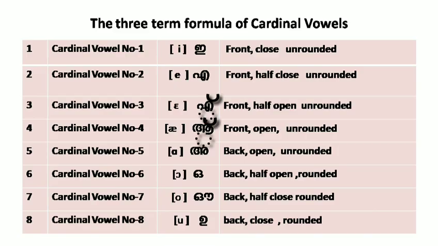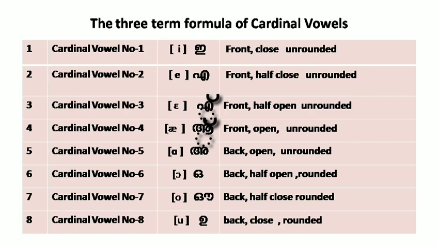This is the 3-term formula of cardinal vowels. You can see here, cardinal vowel number 1 E is front close unrounded. Number 2 is front half close unrounded. Number 3 is front half open unrounded. Number 4 A, front open unrounded vowel.